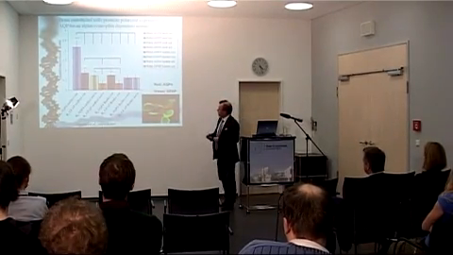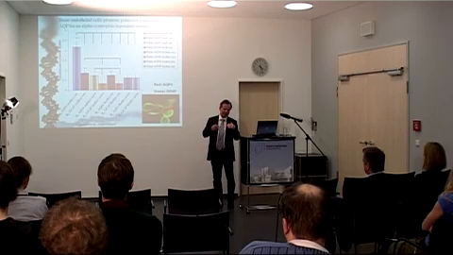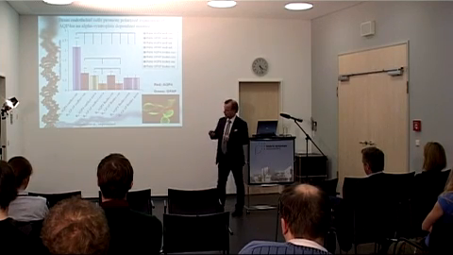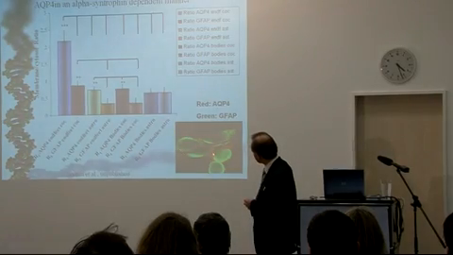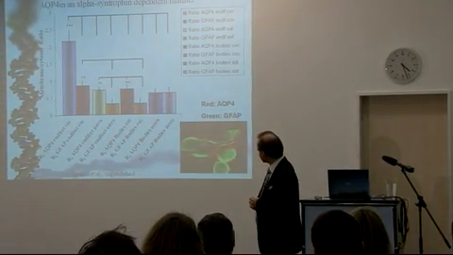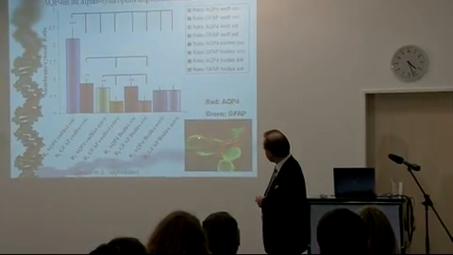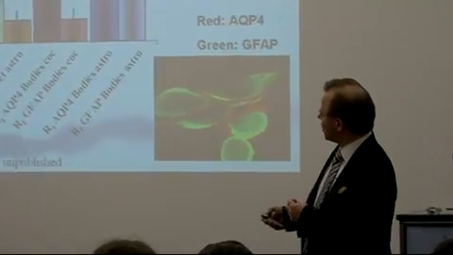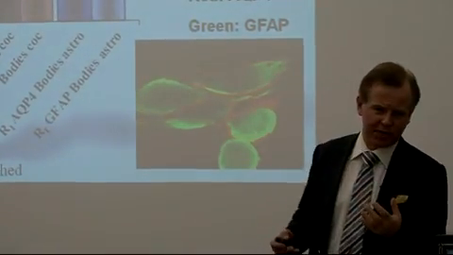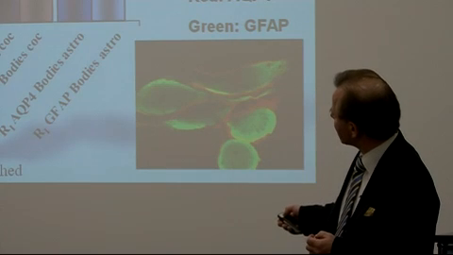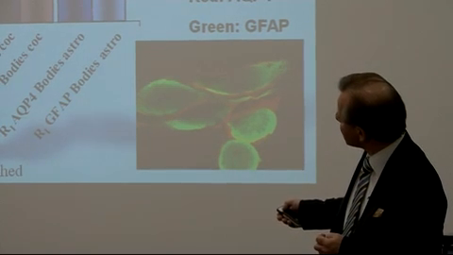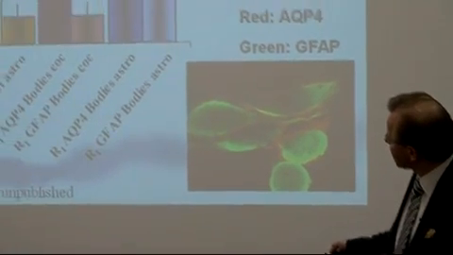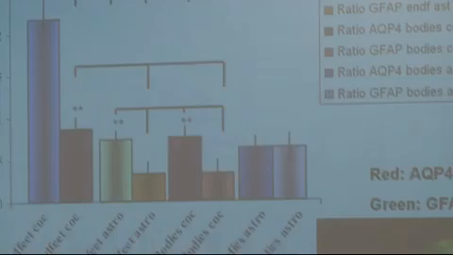And the enormous enrichment of aquaporin 4 in the end feet membrane is perhaps, or most likely, the result of an induction process, because if we make co-cultures of endothelial cells and astrocytes, these are astrocytes, green is GFAP, red is aquaporin 4, so you see aquaporin 4 in the membranes. If we co-culture astrocytes with brain endothelial cells, which is done here, you have an enormous density of aquaporin 4 in the membranes.